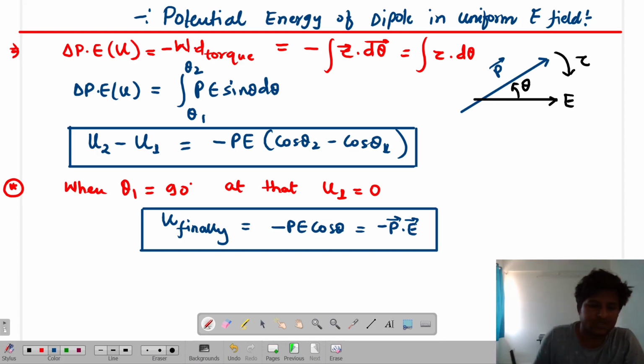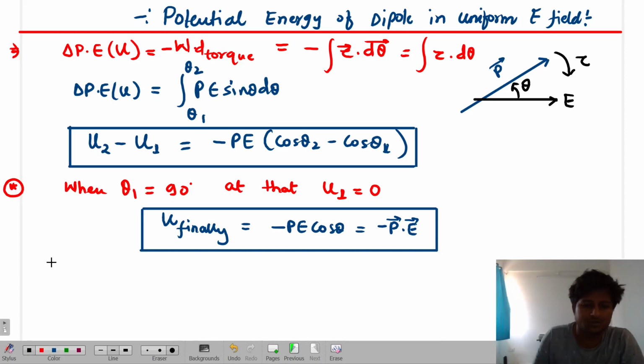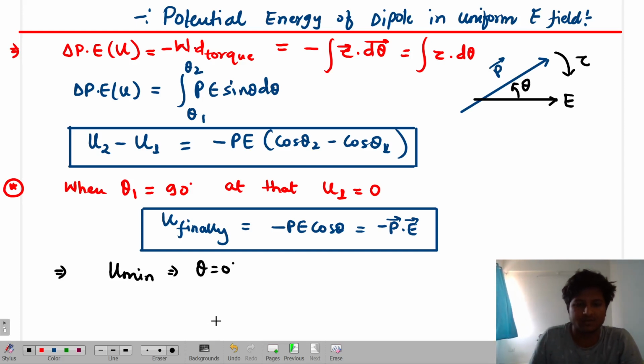So now you got to know that the minimum potential energy is at theta equal to 0 degrees, isn't it? And the maximum is at theta equal to 180 degrees. Is that clear?